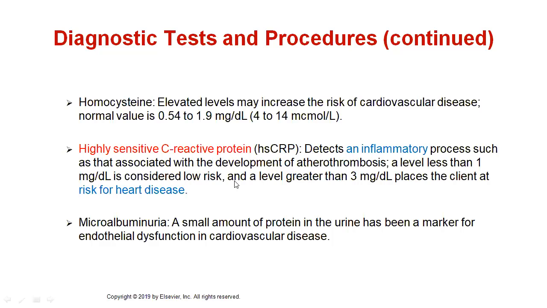Another important marker is microalbuminuria. Albumin is a protein. If albumin is present in the urine, it's called microalbuminuria.